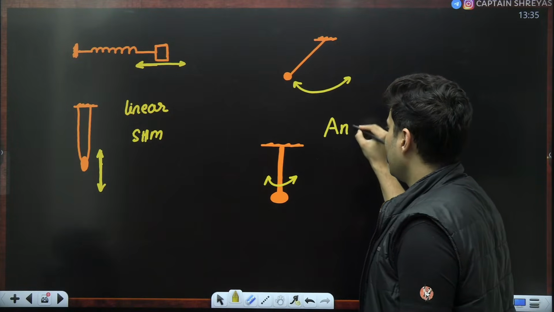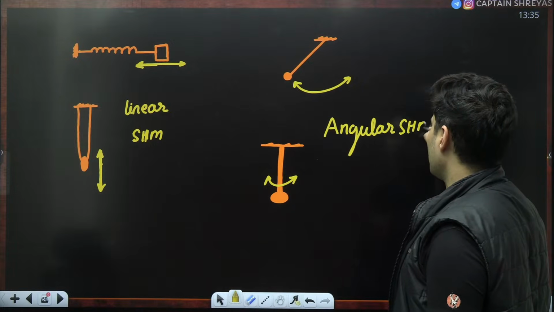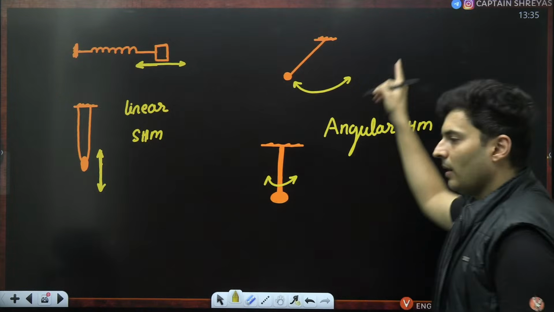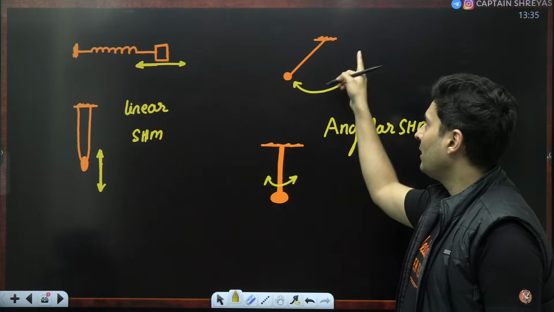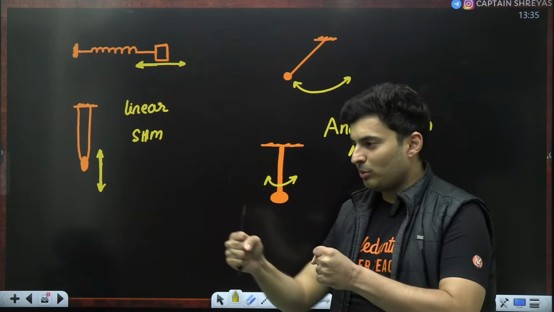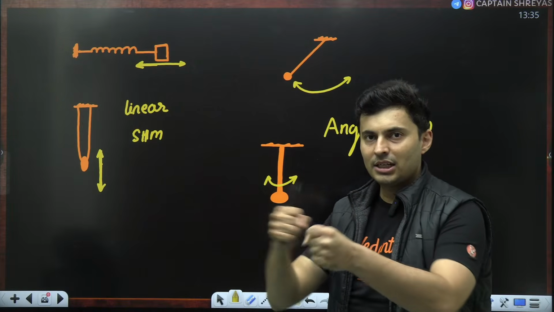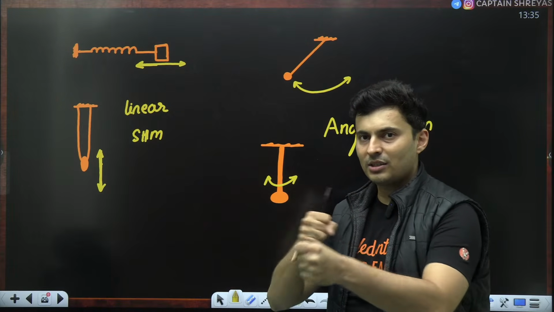All these are cases of angular simple harmonic motion. They are not along a line, they are along an arc, they cover an angle. So that is angular SHM. This is where you twist something, release it, and it goes oscillating to and fro.